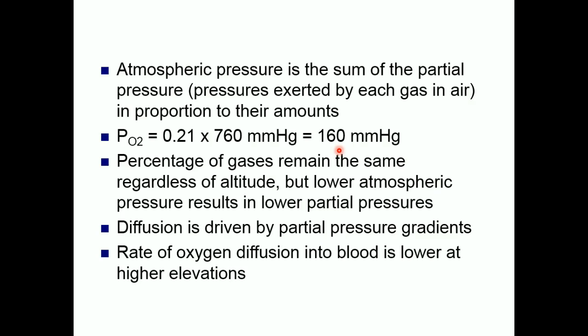Now, for the partial pressure of nitrogen, well, that would be about 0.78 times 760 millimeters mercury. Now, what's interesting is that as we go up the mountains, even though the atmospheric pressure continuously drops, the contribution of each individual gas to the atmospheric pressure remains constant.